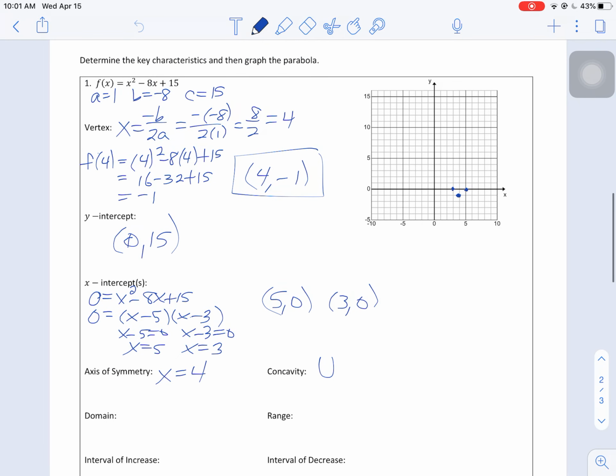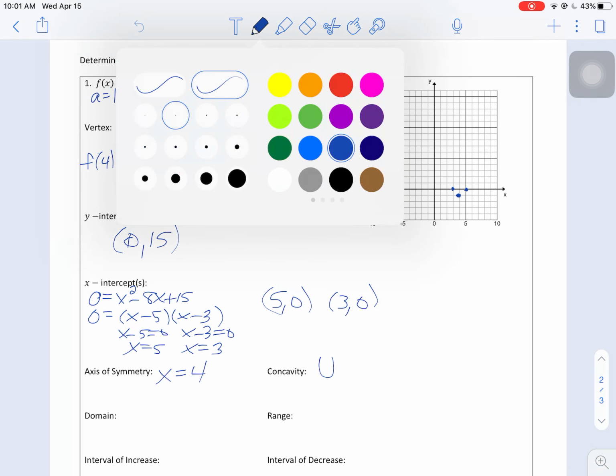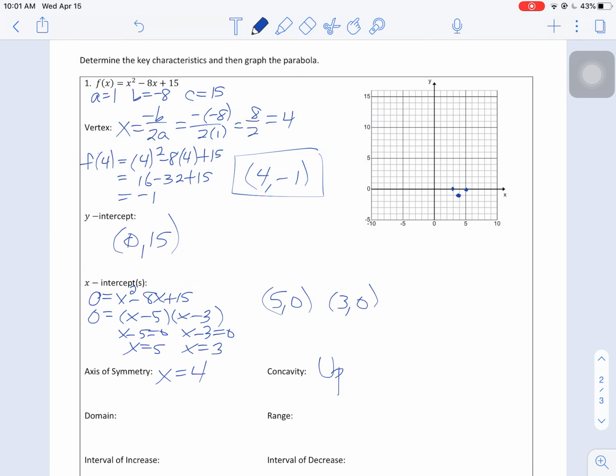There we go. Okay. So we said we were concave up and domain. Okay, so I don't think we put our y-intercept on our graph. Let's get our y-intercept on our graph and draw our graph in. So I'm going to go up to 0, 15.